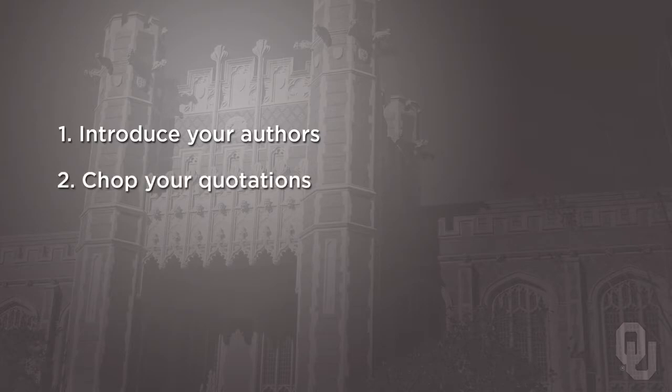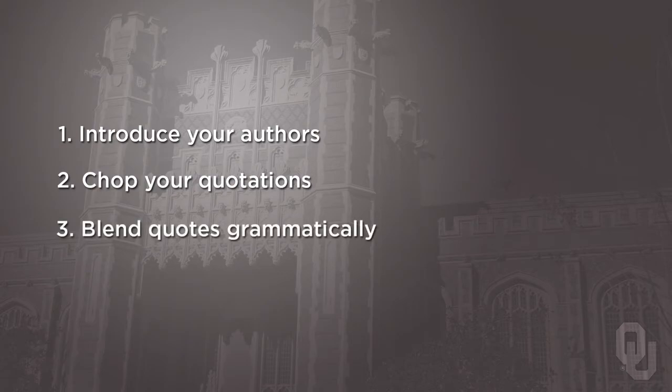Second, chop your quotations. Edit long quotations down to the smaller bits that you really need to prove your case. This not only focuses your reader's attention on your argument, it also makes it easier for you to solve some of the problems that raw quotations pose when you insert them into your own prose. Third, blend quotes grammatically.